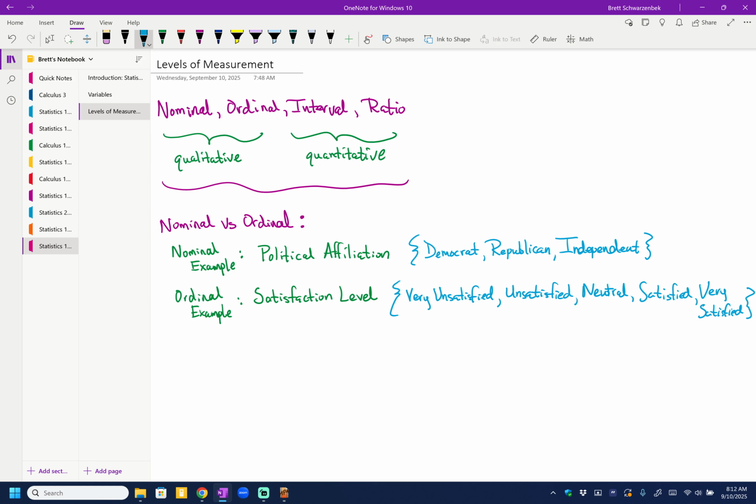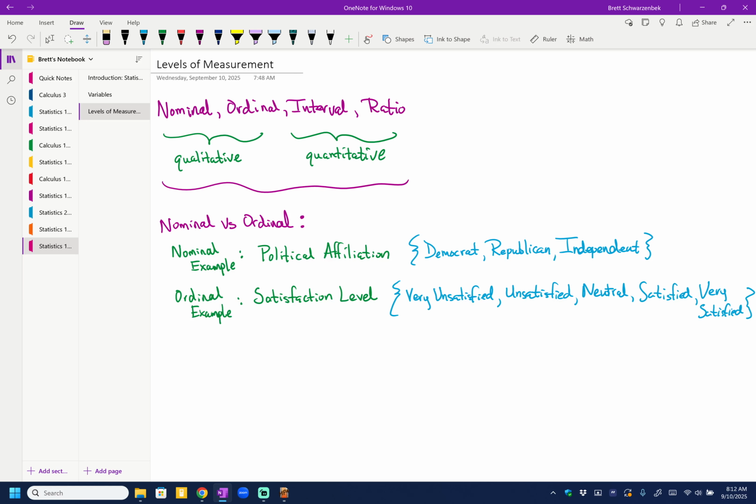So when you look at the results of the variable political affiliation, you'll notice that there is no ranking to the results, meaning whether you're Democrat, Republican, or Independent, one is not rated higher than another. I know some might have a different opinion of that, but generally, in the world of data, one is not necessarily higher than the other.